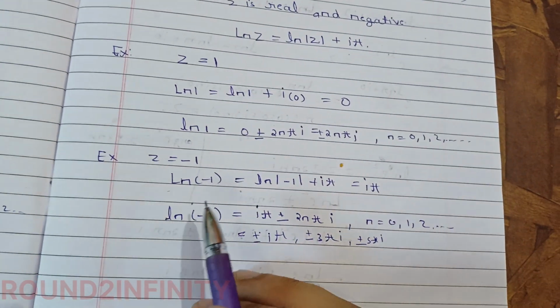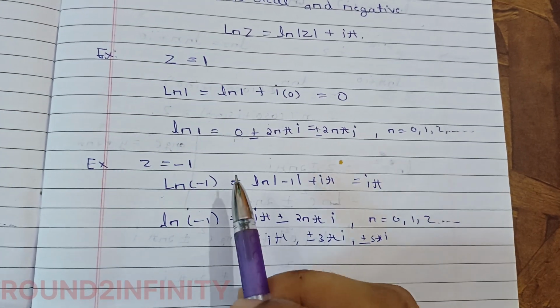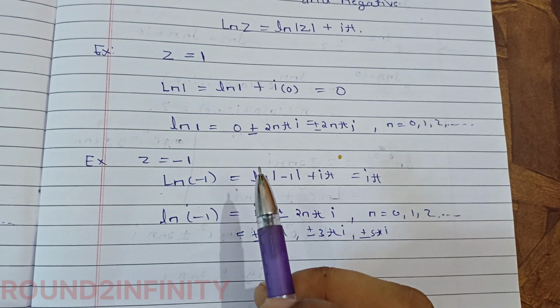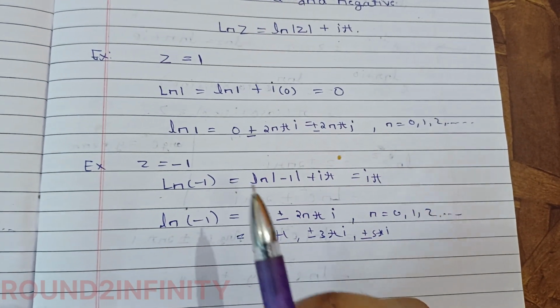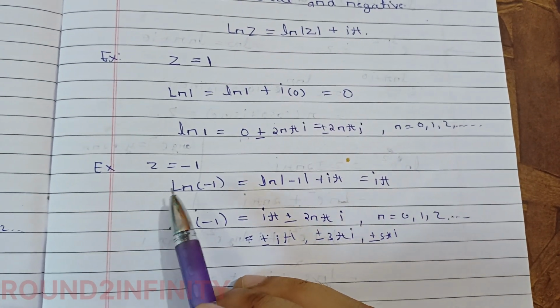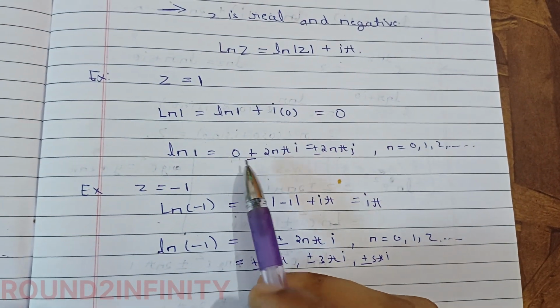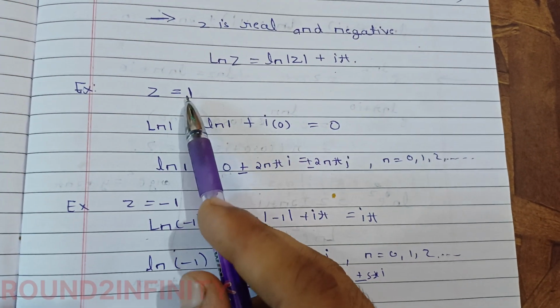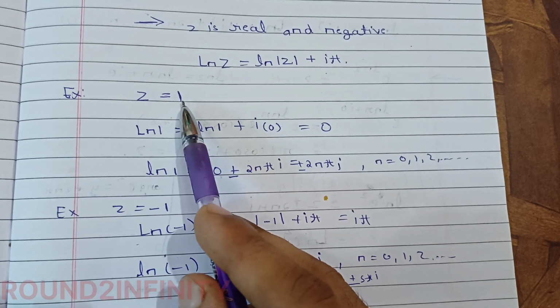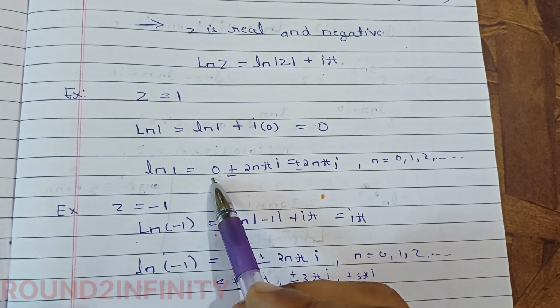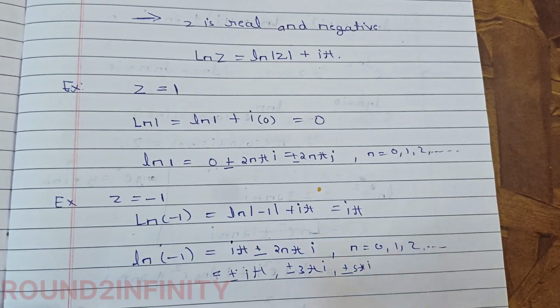So in the complex plane you have infinite values of log. Remember this. In the complex plane, the log function has infinitely many values, and you can find the correlation between the real and the imaginary parts. The real part is 0 because this is real, so we are getting 0 on the real axis, but the imaginary values are infinite.